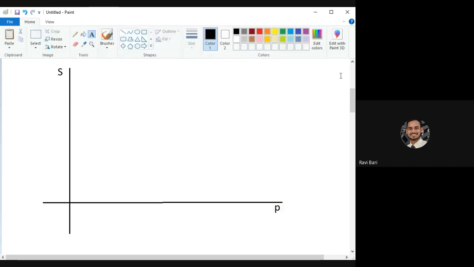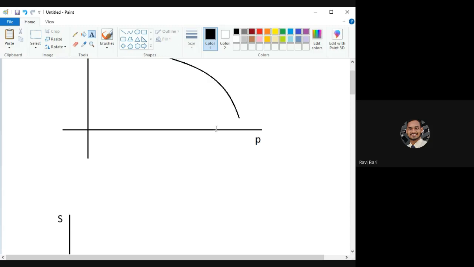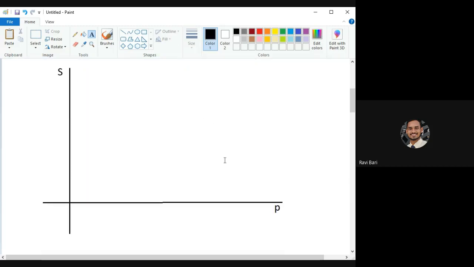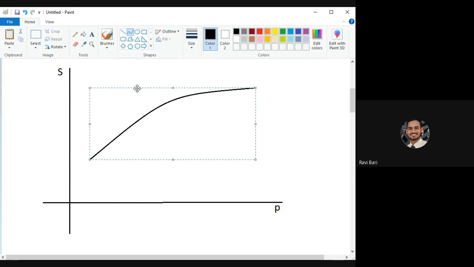So in this case, what kind of graph will it look like? Can someone guess in their mind? So it would be something like this, right? So when the price is less, then the supply will be less.